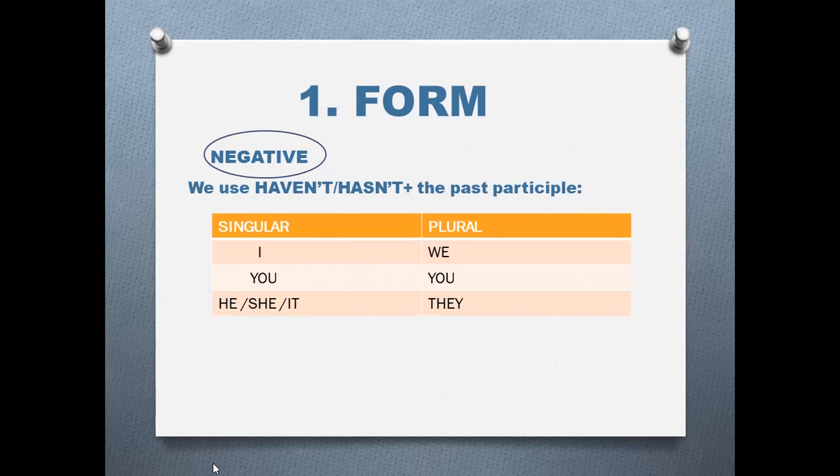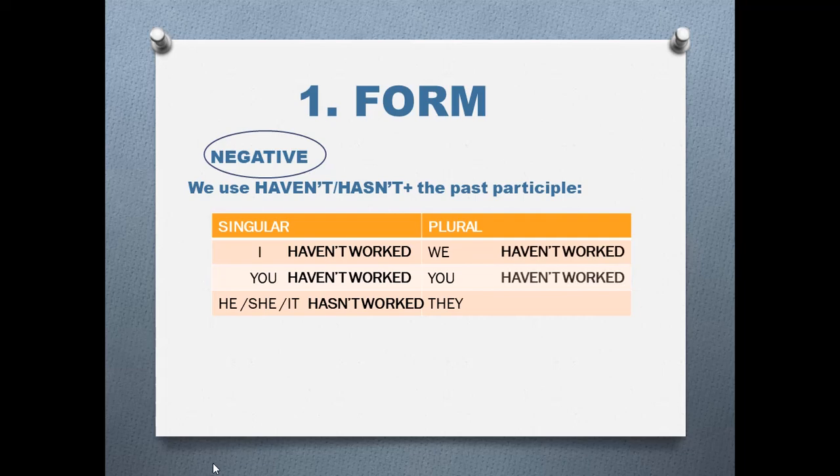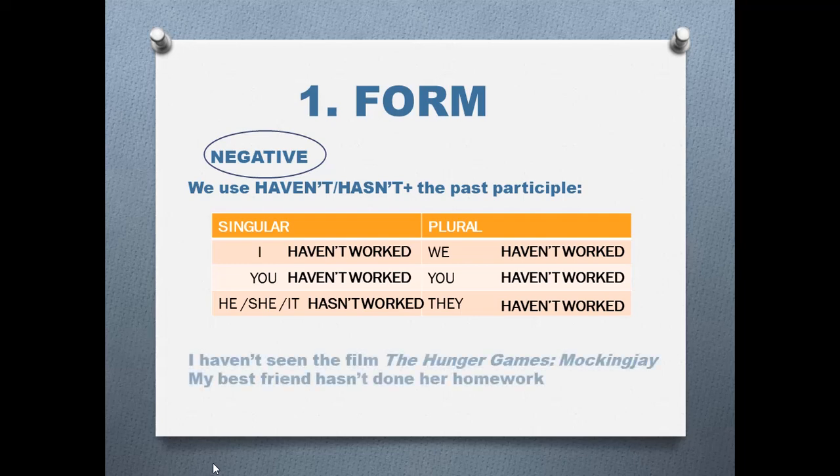So we will have for our subjects, I haven't worked, you haven't worked, he, she, it hasn't worked, we haven't worked, you haven't worked, and they haven't worked. As examples, you can have I haven't seen the film The Hunger Games Mockingjay and my best friend hasn't done her homework.